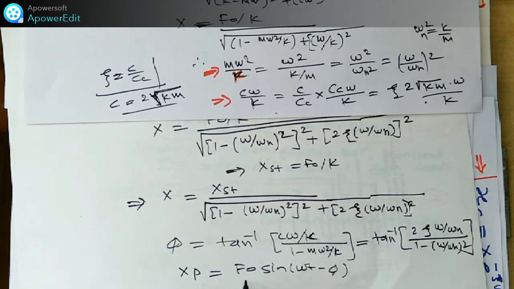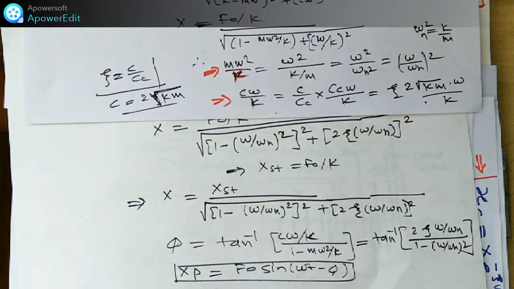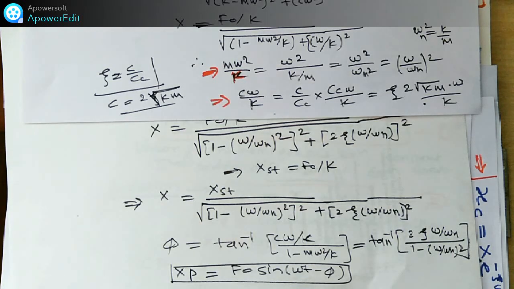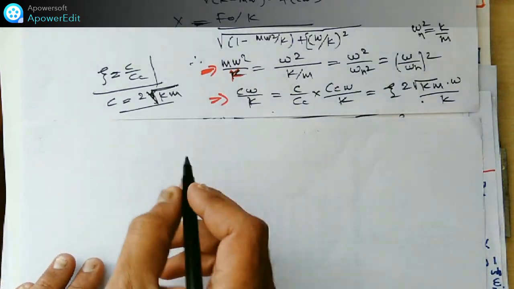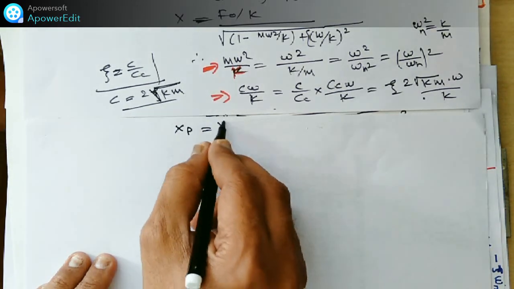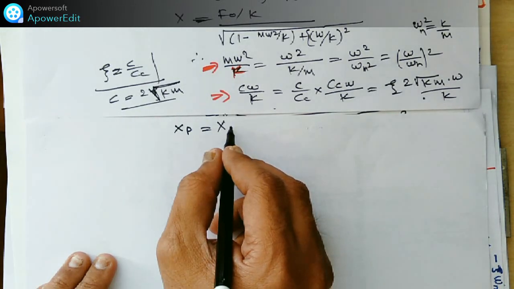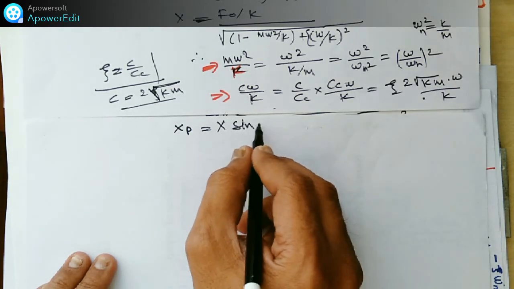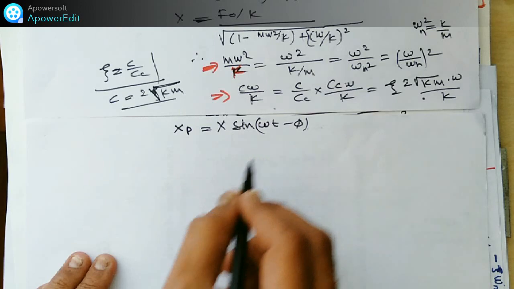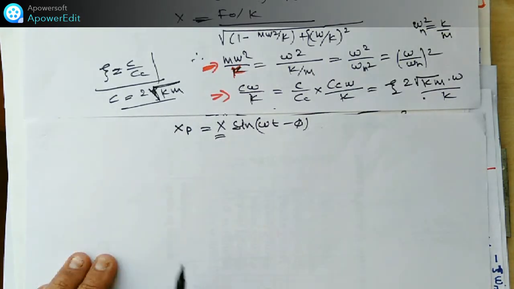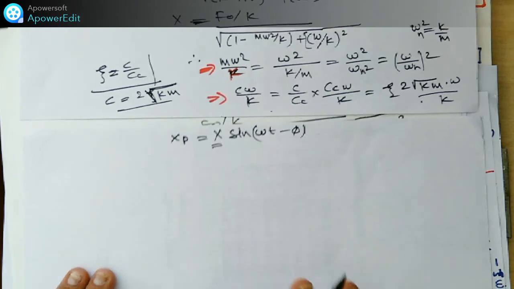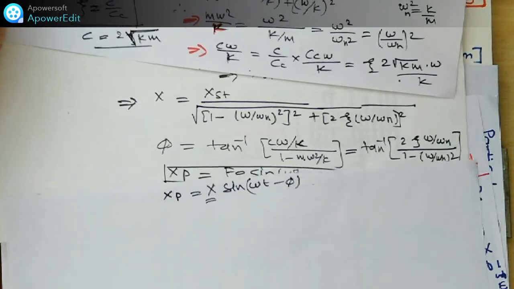For this xp, I will first write the equation of xp and show you how it comes. In xp we have just found the value of x, and xp is x sine of omega t minus phi. We already wrote that value of x in terms of this equation.